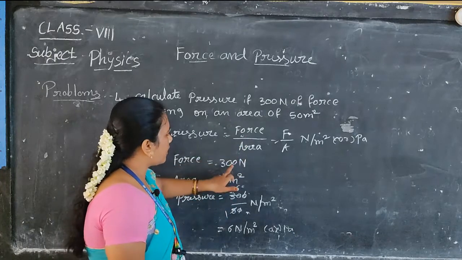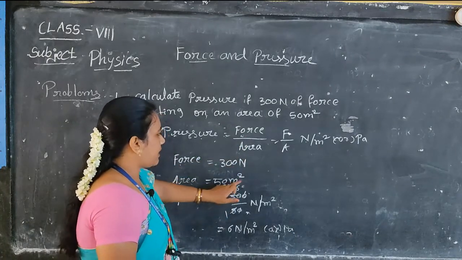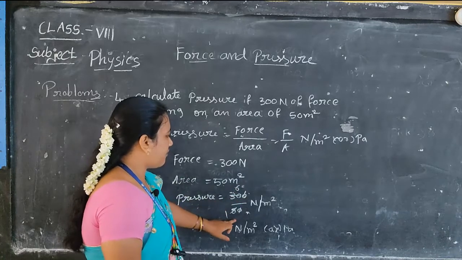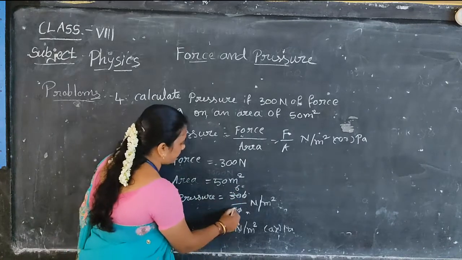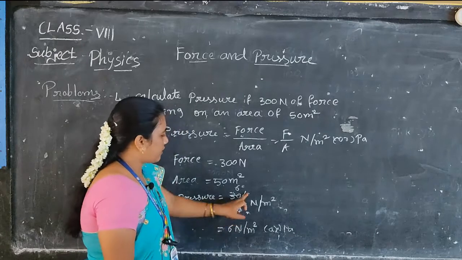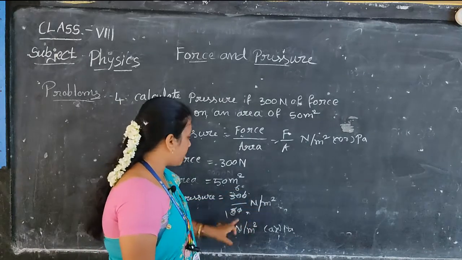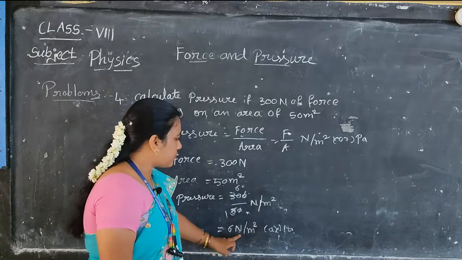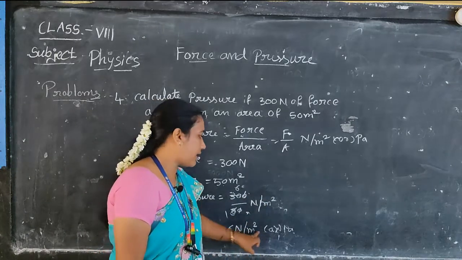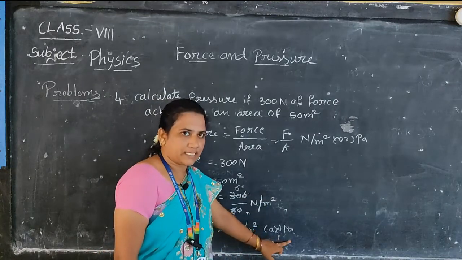Here we got 300 newtons and 50 meter square. So 300 by 50, the zeros cancel, 5 ones are 5, 5 sixes are 30 Newton by meter square. So we get the answer 6 Newton by meter square, or we can write the unit as Pascal.